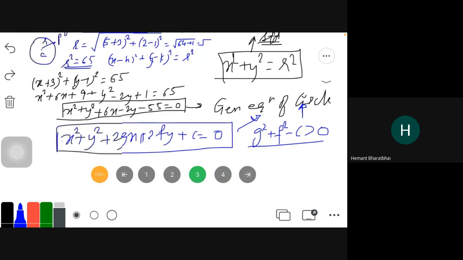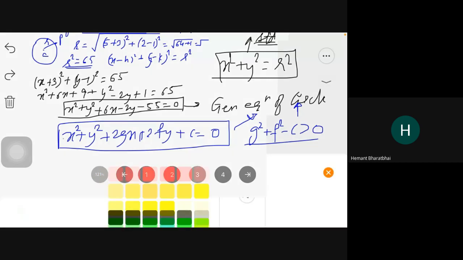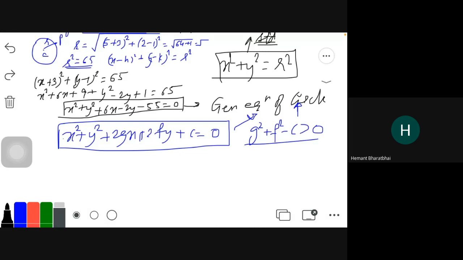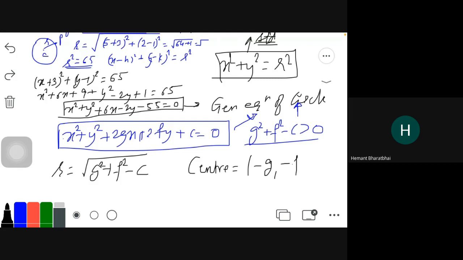By simply using this formula, my radius will be equal to the square root of g square plus f square minus c, and my center will be equal to minus g comma minus f. Radius will be this and center will be this.